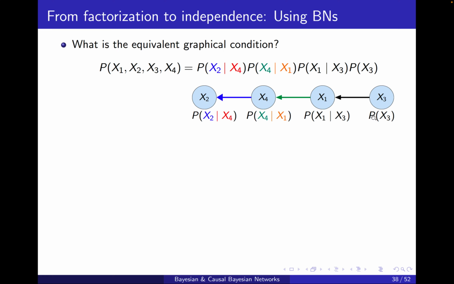Now, from here, we can make a conclusion. Originally, if this was the chain rule, then for x4, I should have had a link from x3 as well, right? And for x2, I should have had a link from x1 and x3 as well. Now, the fact that neither of these are appearing here means that x2 is independent of them, given its parent.